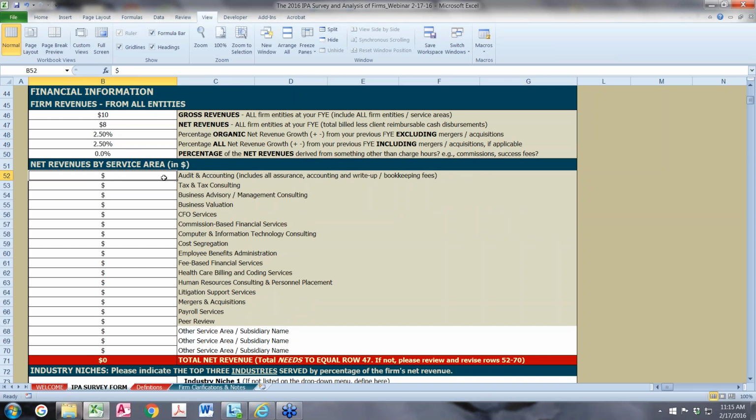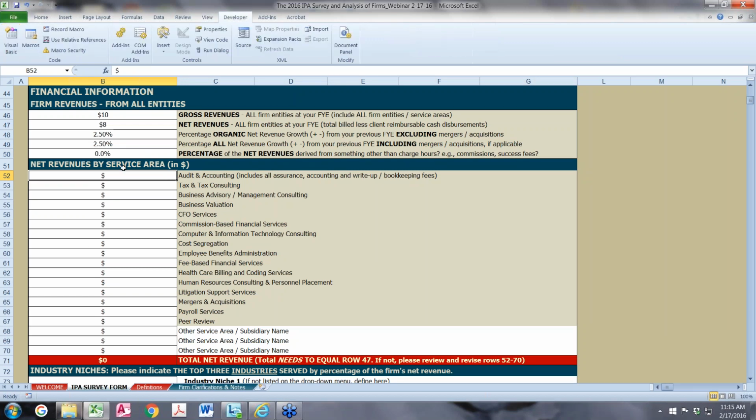In this next section, net revenue by service area starting on row 51, we're looking for a breakdown of total net revenues by service area. Please be sure to complete this section based on each service area's net revenue, and be sure the total that is automatically summed in row 71 is the same as the total in row 47 net revenues.